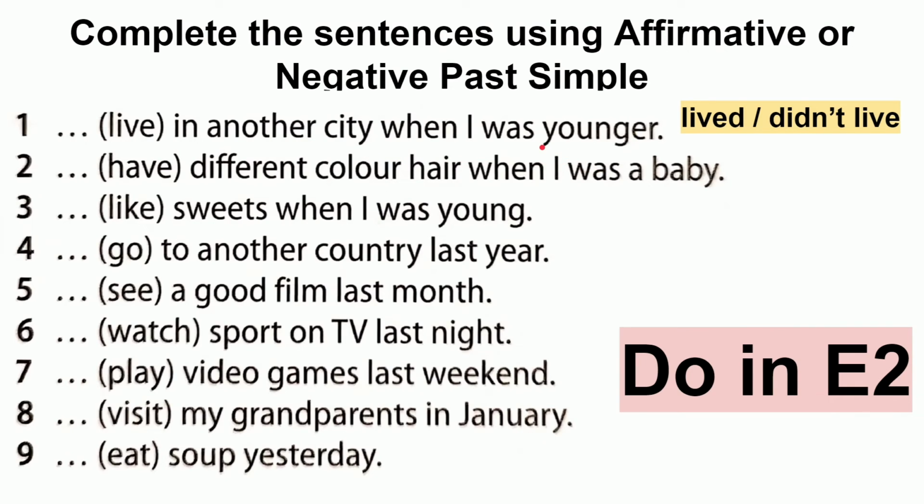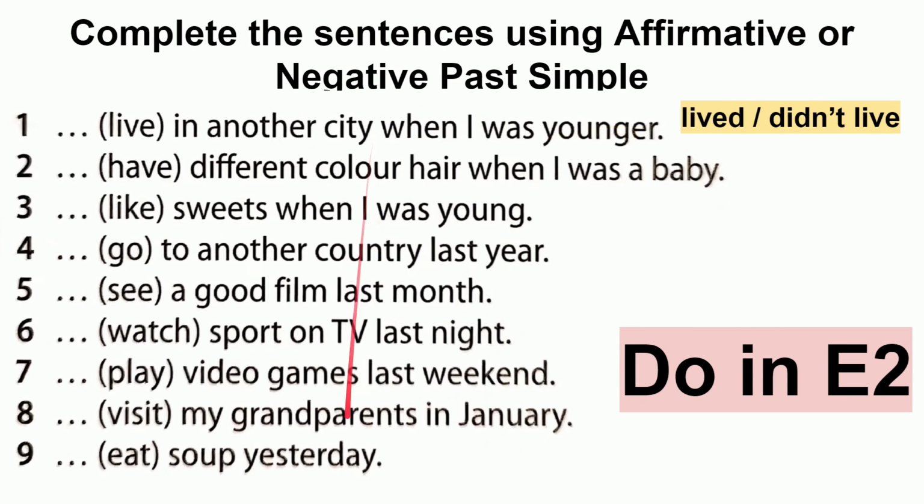Or you did not live in this city, you lived in another city or another state. So you write the complete sentence down. I lived in another city when I was younger, or I didn't live in another city when I was younger. So whether you have or didn't have the experience, you complete it on your own, whether it is affirmative or negative.